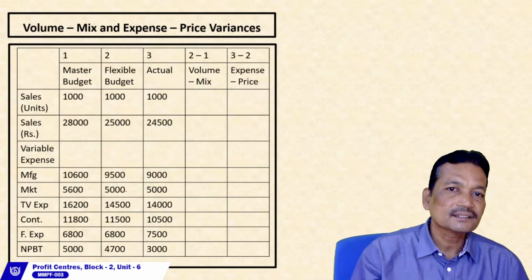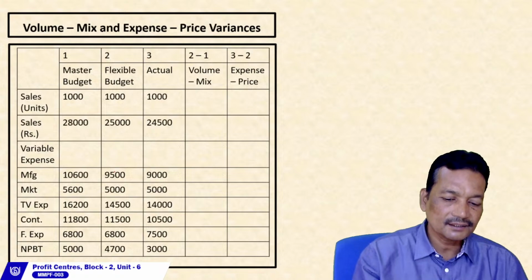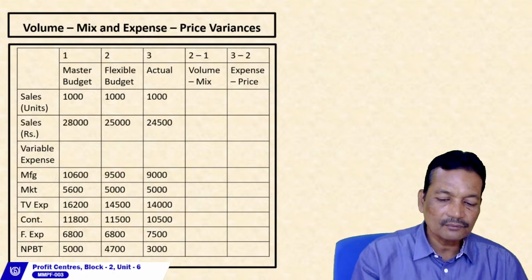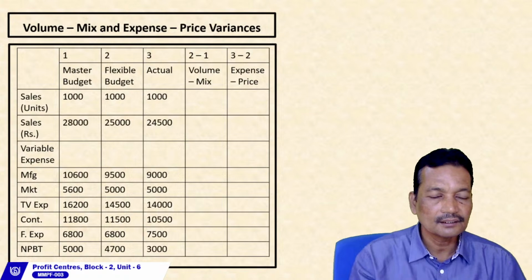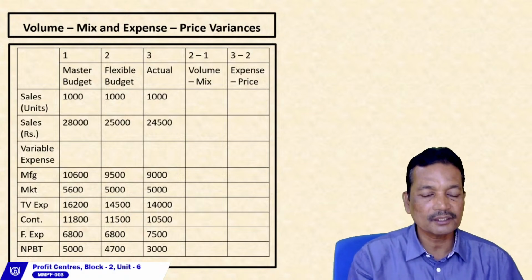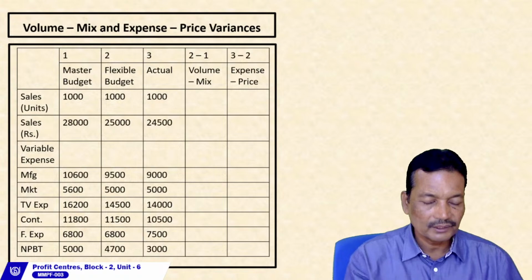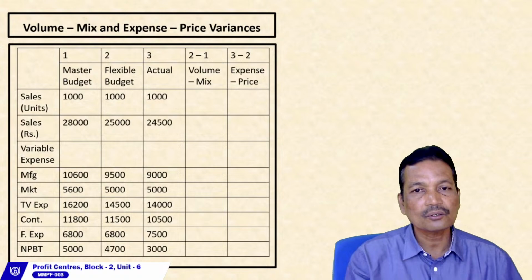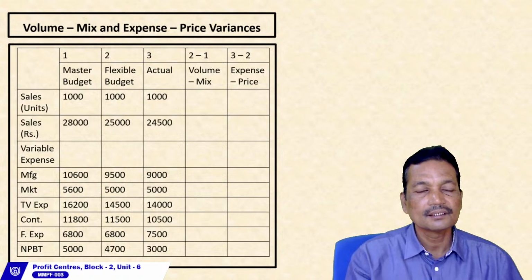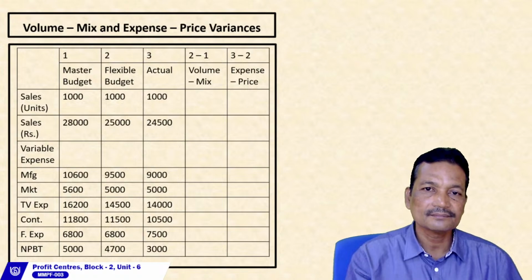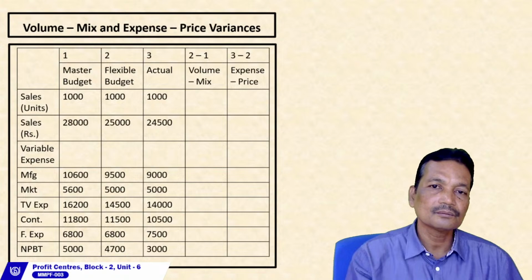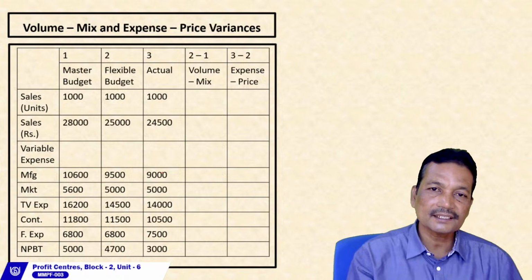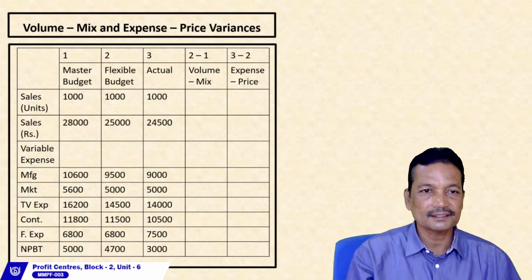Now we shall calculate the various variances as we have done for the cost center. If you remember, in those particular units, we calculated total cost variance comprised of the price variance and the expenses, the price as well as the expenses variance.